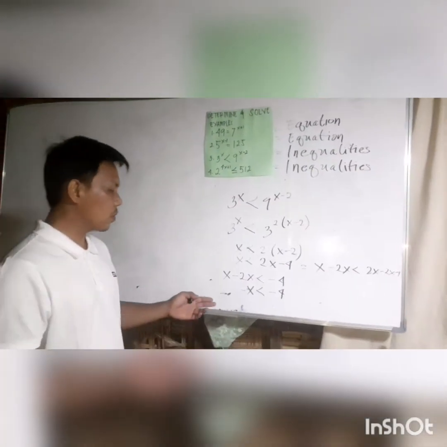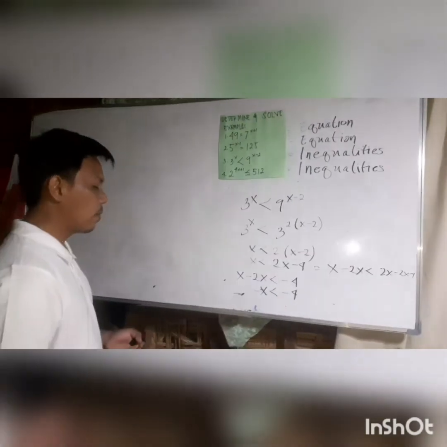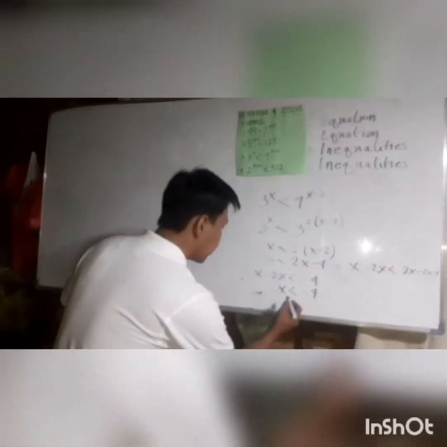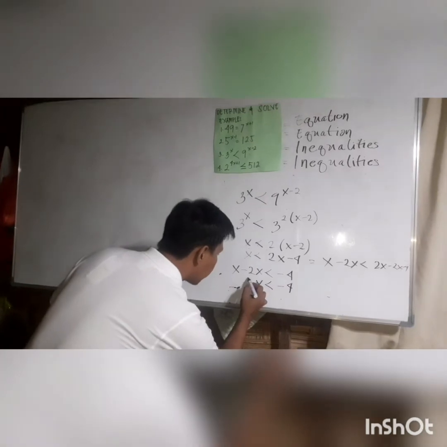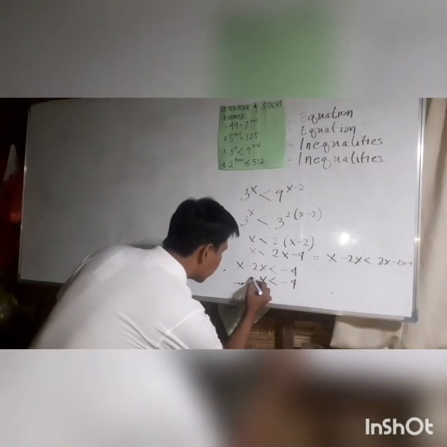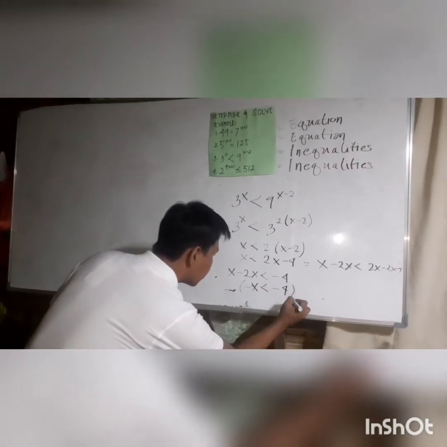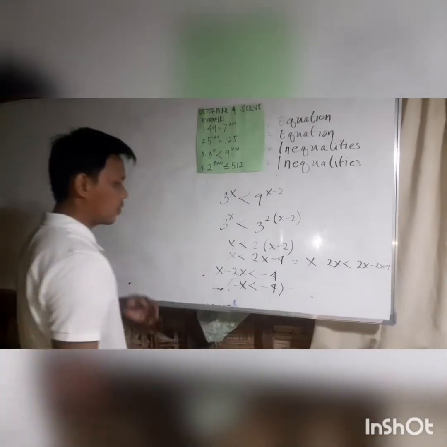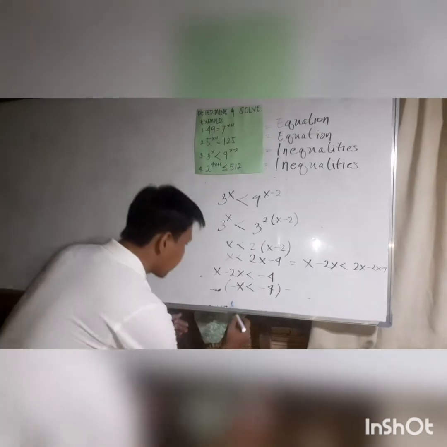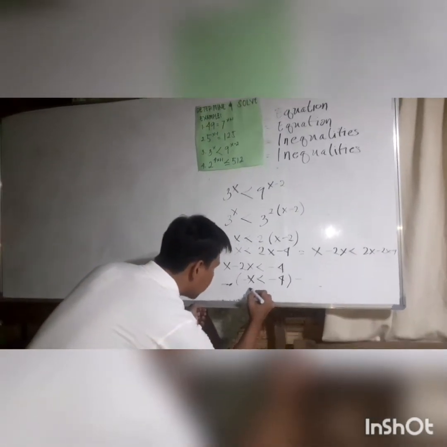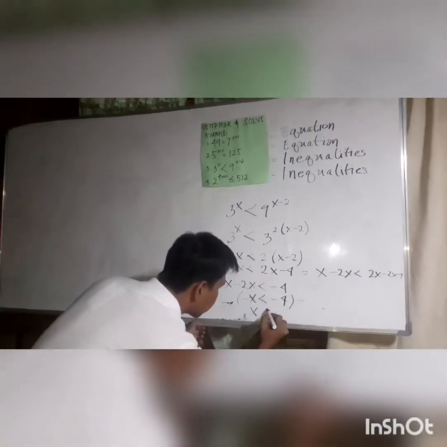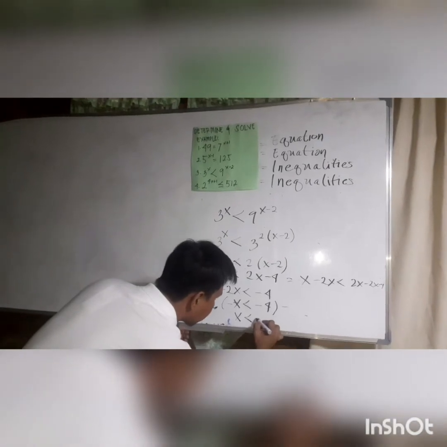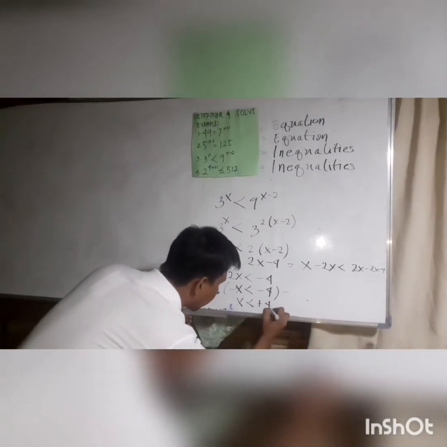How can we make that into a positive? By simply multiplying that by negative on both sides. This is equal to x, positive 4.